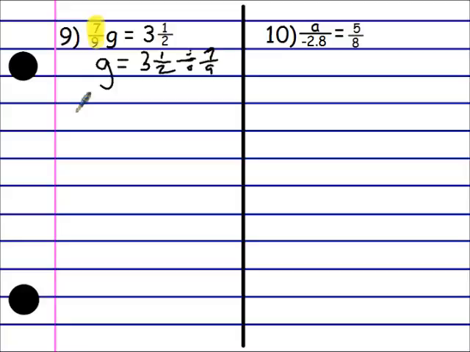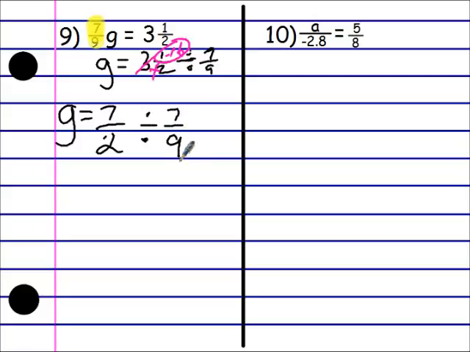In order to divide those, we need an improper fraction instead of a mixed number. So we have 3 times 2 is equal to 6. So 6 plus 1 is going to give me 7. Keep the denominator of 2, and that's the division symbol there, and 7/9.